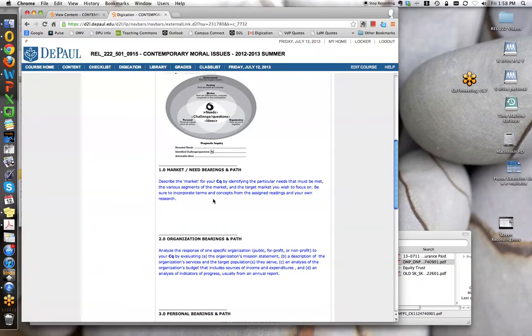As you begin to identify and describe the particular needs, you may want to use the language of human rights, how rights are being violated, or how human needs are not being met. You could also frame it in terms of what are the conditions for human flourishing.